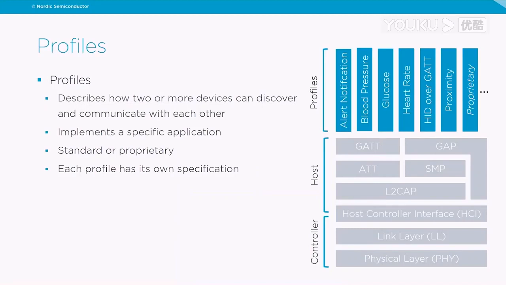It can be standard or proprietary. So you can see most of these are standard, the alert notification all the way down to proximity. But you can also have proprietary profiles that you can use. And each profile has its own specification. And these are open, so you can go and have a look at them if you are interested.